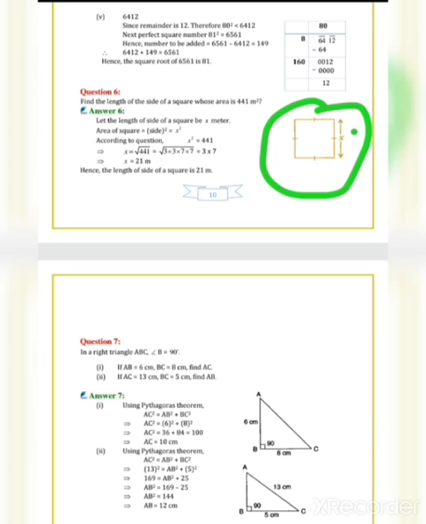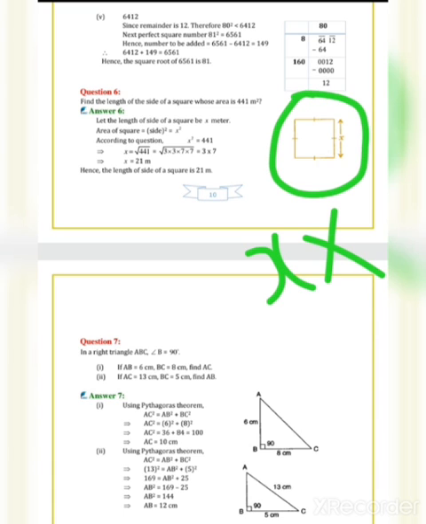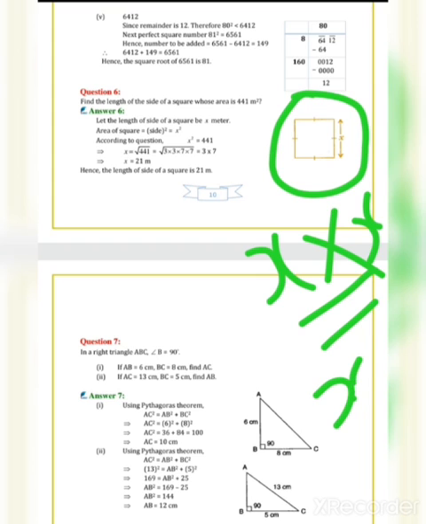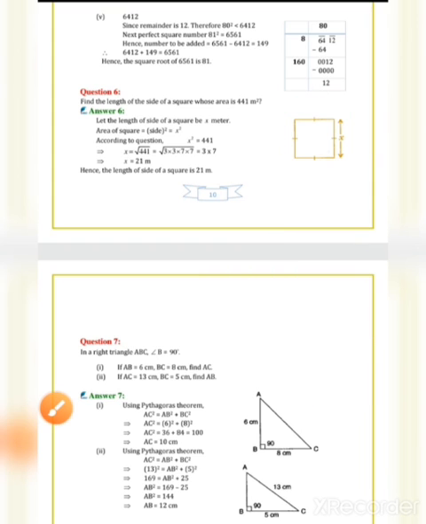So let the length of this side be x. We know that the area of the square is x multiplied by x, means side multiplied by side, which gives us x square. Okay, so x square is the area.